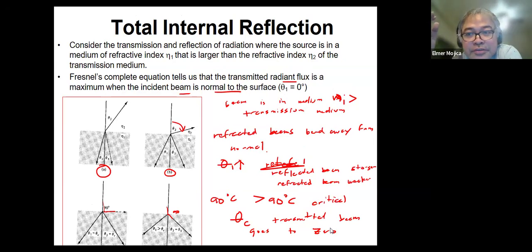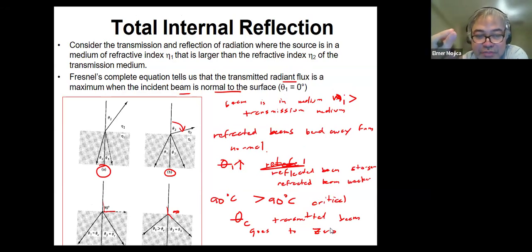So if we summarize again what happened here in total internal reflection, we look at the incident beam in a medium of refractive index greater than that of the transmission medium. In part 1, your refracted beam bent away from the normal.